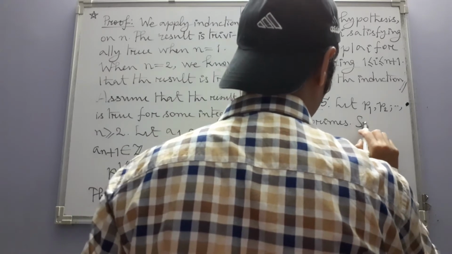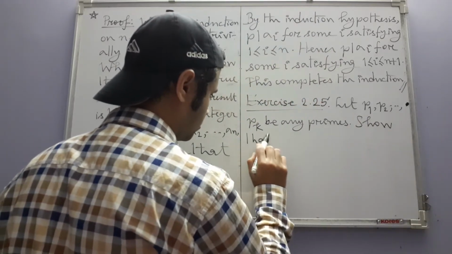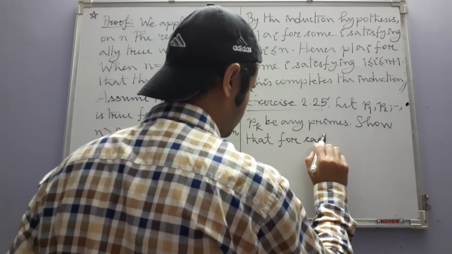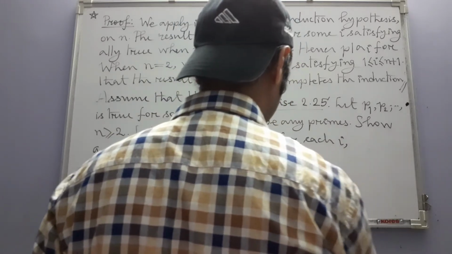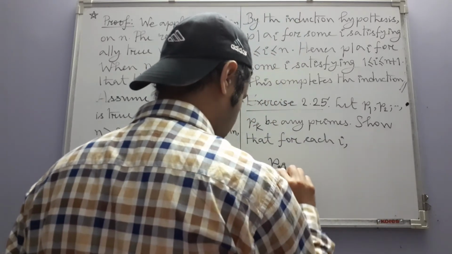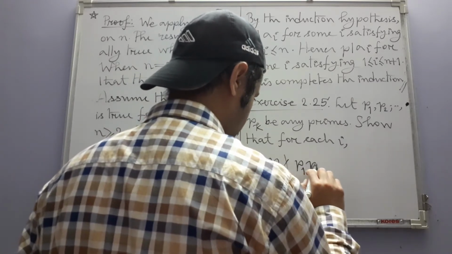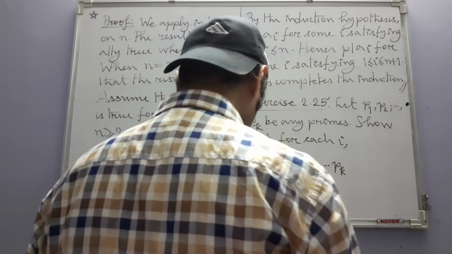Show that for each i, Pi does not divide this product plus 1.